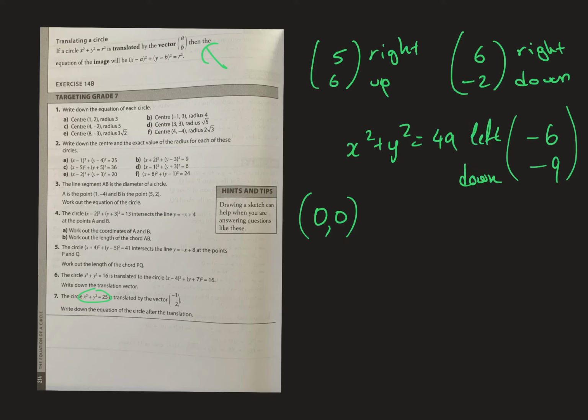If it was at 0, 0 before, and I move 6 left and 9 down, the center would now be minus 6, minus 9. They could make this a bit more confusing if they had a different center to begin with, but again, the same premise. And obviously, the radius of the circle won't change, so the radius was 7, and the radius again would be 7.